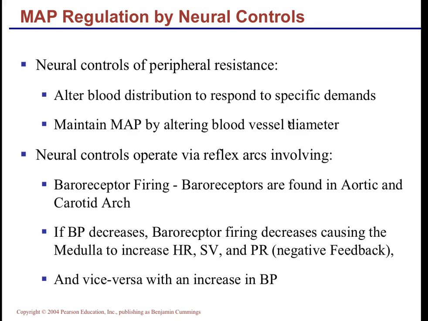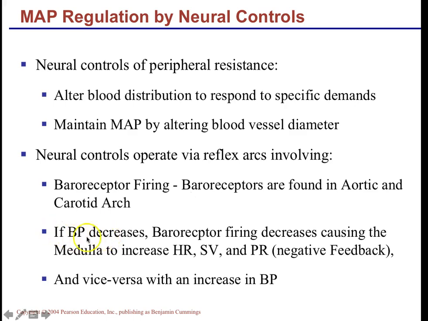I don't like the name negative feedback especially, so I like to think of it as a feedback mechanism that will give you the opposite response, but whatever works. So you have your neural controls, your baroreceptors always monitoring mean arterial pressure.